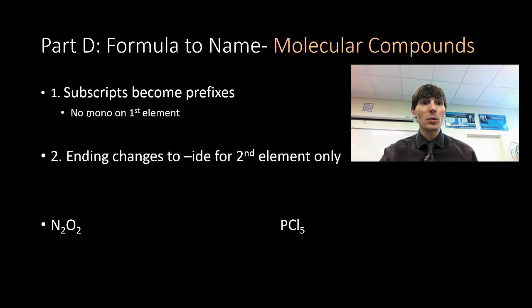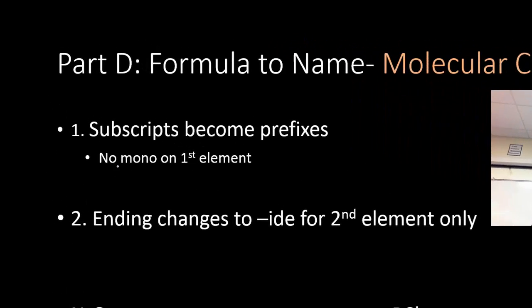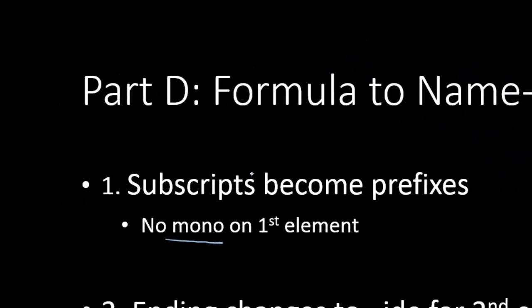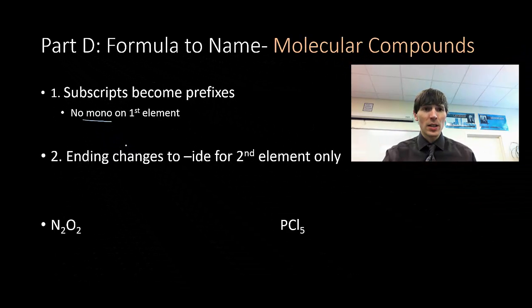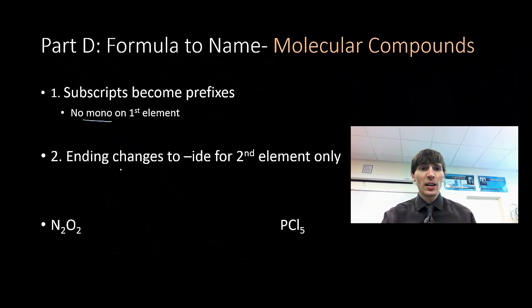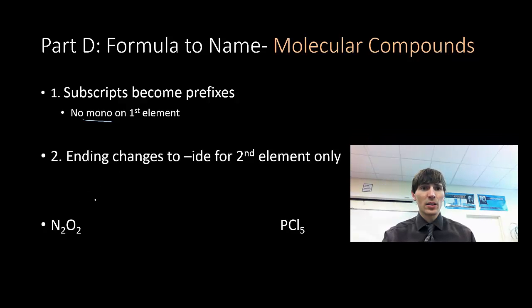Stipulation is that you will not use the prefix mono on the first element, but you can use it on the second. The second step is we're going to take the ending of the last element, and we're going to change it to IDE, and it's going to only be for the second element. We're not going to mess with the first element's name.